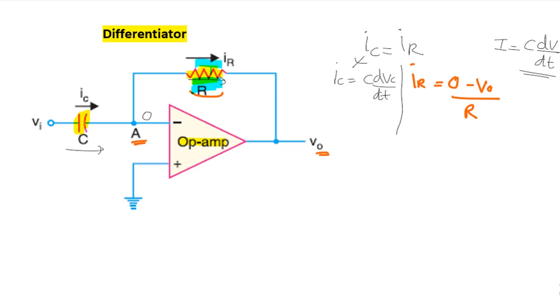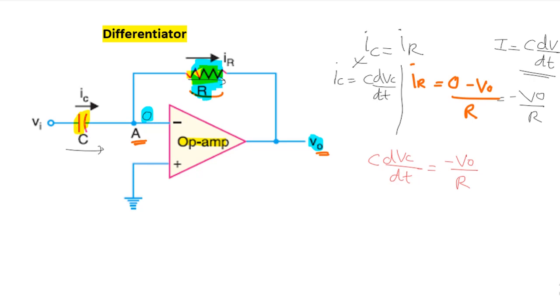Voltage across this resistance will be 0 volt minus V0, and for current I have to divide by R. So this will be equal to minus V0 by R. Okay, so we have IC is equal to IR. So C dVc by dt is equal to minus V0 by R.